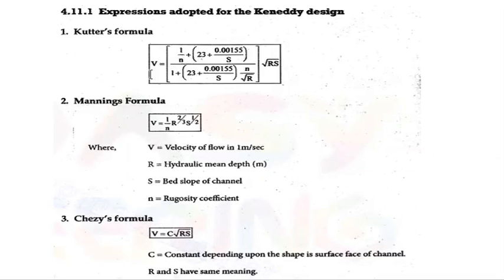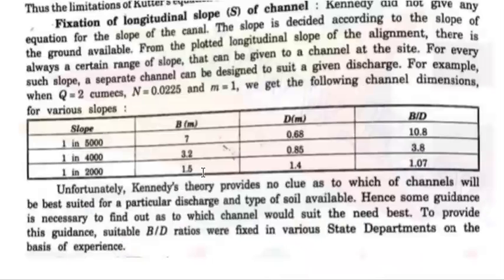So we are going to use the same formulas, Kutter's formula, Manning's formula, and Chezy's formula, in the canal sections also. So here Kennedy hasn't given any kind of equation for the slope of the canal.